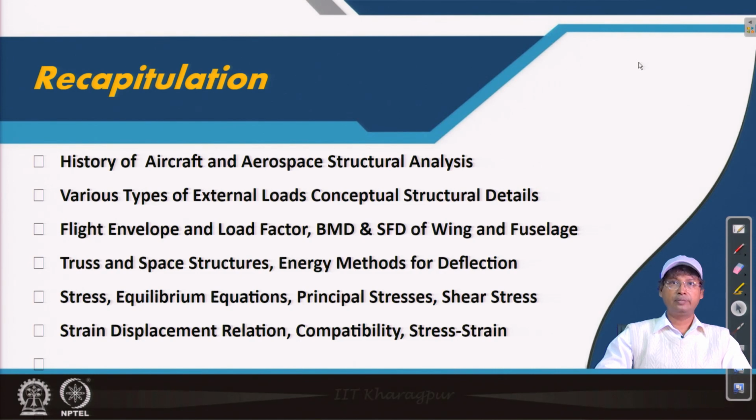In truss structures, we have solved landing gear problems in relation to truss, and not only landing gear problems, there are many other three dimensional structures available inside the aircraft. So, those we may also solve using the approach we have learned.